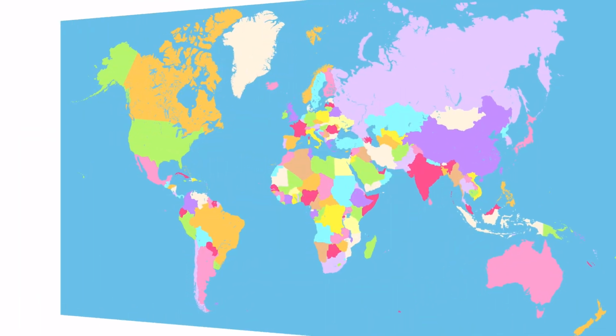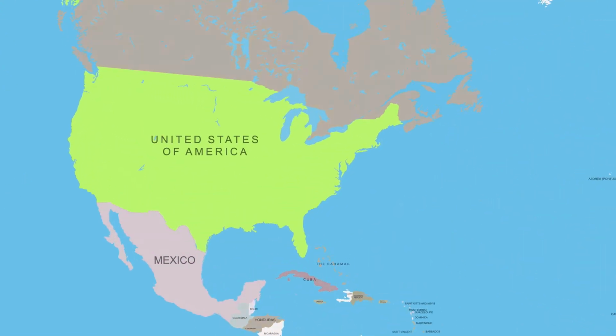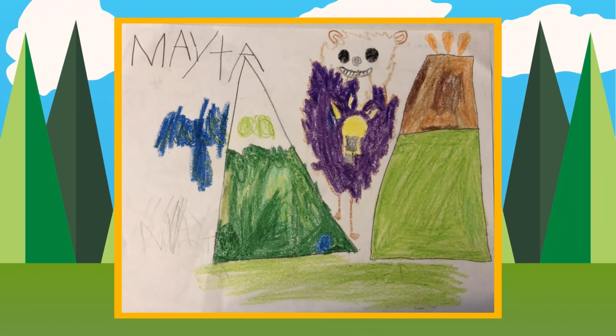And the last piece of art we're going to share today was sent to us by a family who lives in the United States of America, in the state of Kansas. A cool kid named Jackson made this Mayta art. Jackson, I love the Idea light bulb that you drew on Mayta's sweater and how you gave Mayta 2 ears, 2 eyes, a nose, and a giant smile.